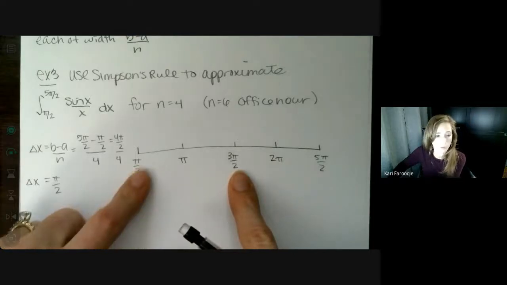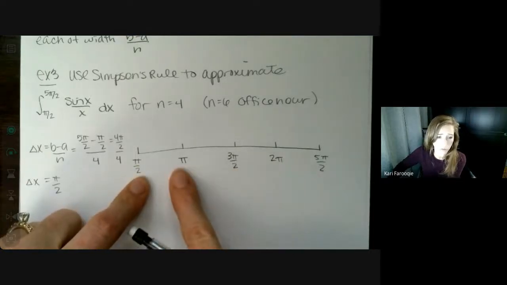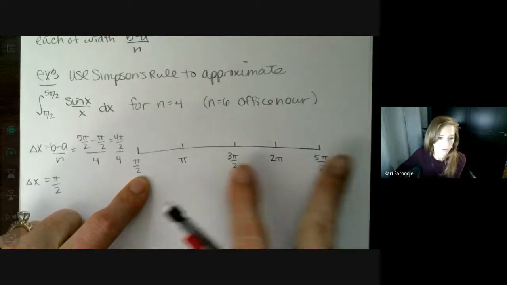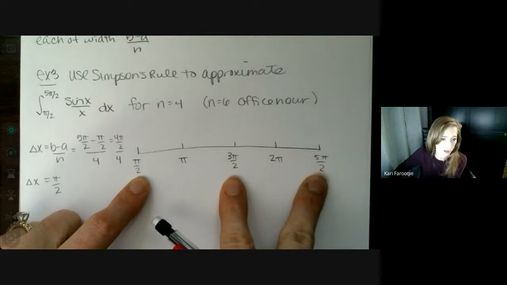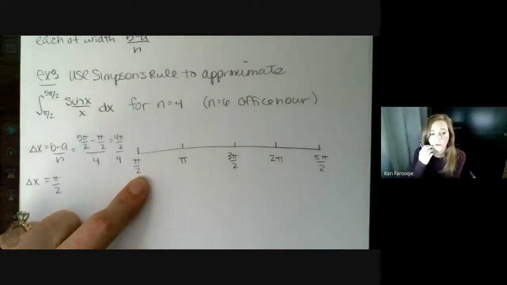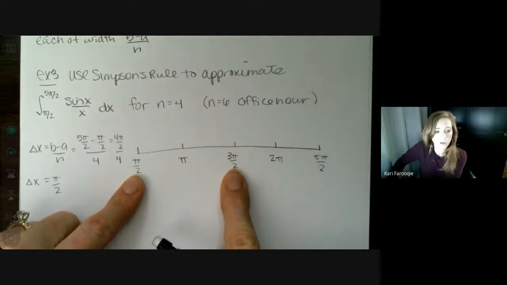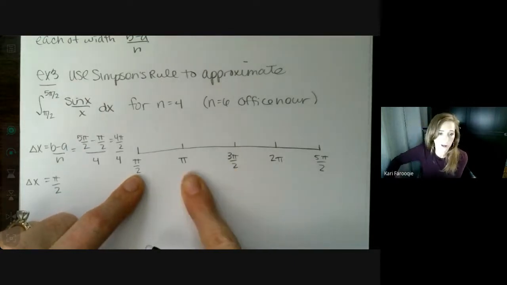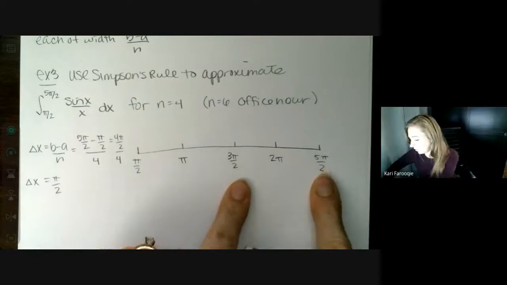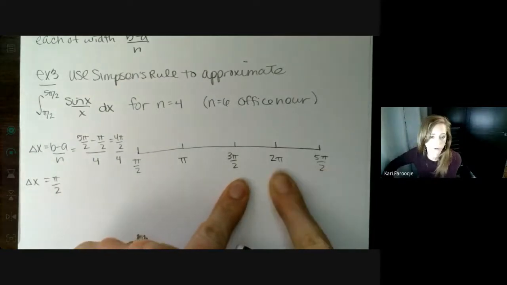And then if you remember your trig really well, then you'll just remember that right in between pi over 2 and 3 pi over 2 is pi. Or you could equate denominators again. So what's in between 1 and 3? Well, it's 2. 2 pi over 2 is pi. In between 3 and 5, you have 4. 4 pi over 2 is 2 pi.